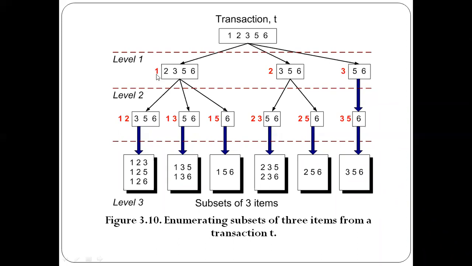Okay, so now after fixing the first item, at level 2 we'll fix the second item here. In order to form a candidate 3-item set, the items can begin with 1 2 or 1 3 or 1 5. So it can begin with 1 2 or 1 3 or 1 5.